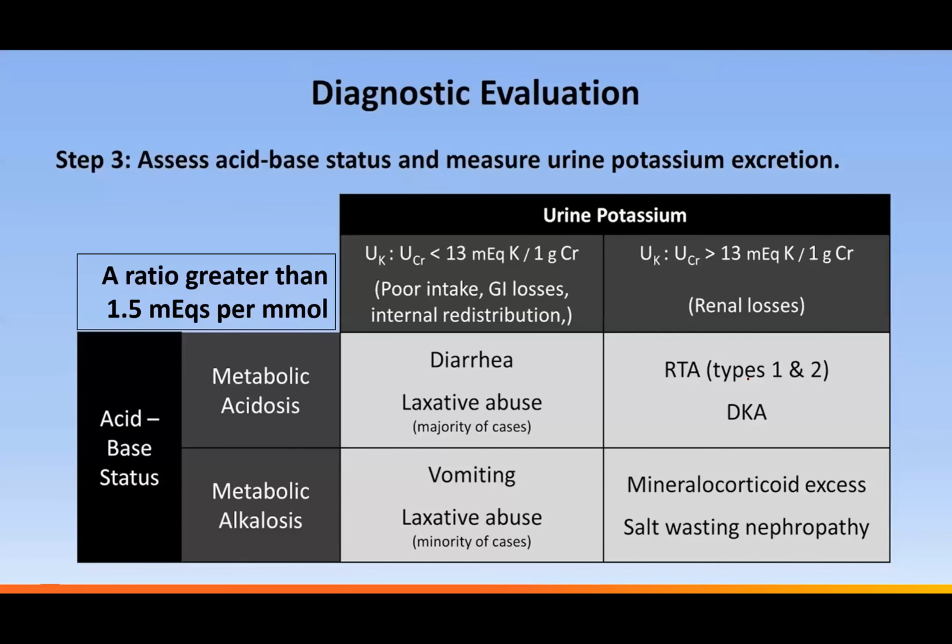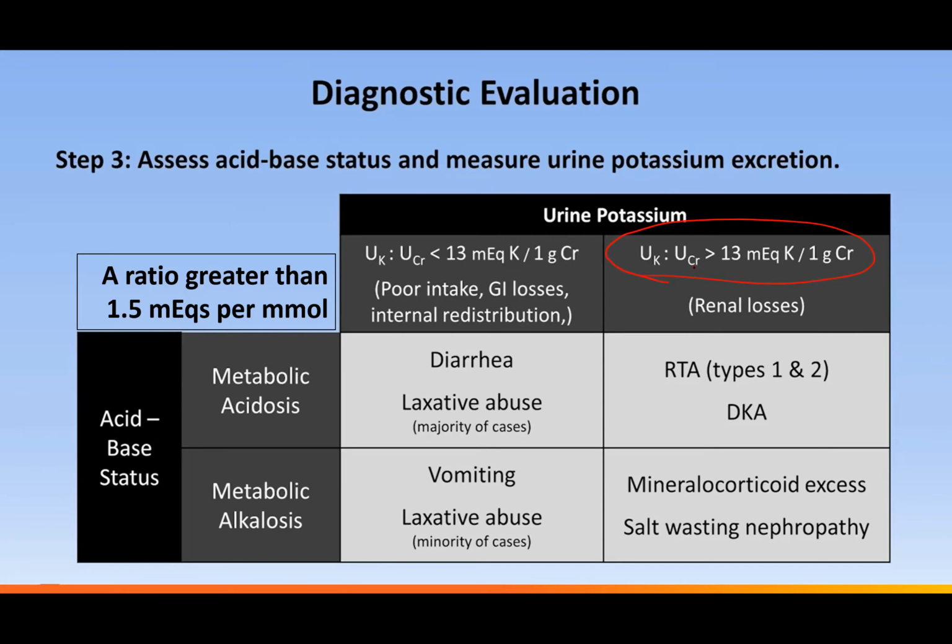Now, how do I interpret the results of urine potassium? So UK to UCR, that is the potassium in the urine compared to creatinine in the urine. Less than 13 milliequivalents or more than 13 milliequivalents. Means what? If it is more than 13 milliequivalents, kidney is wasting the potassium.